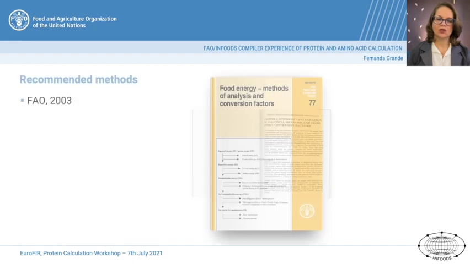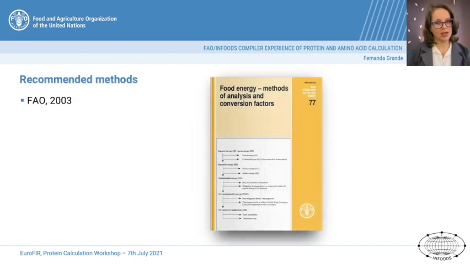This is also what was recommended in 2003 in the FAO report on food energy, methods of analysis and conversion factors, which discussed a number of topics related to the various methods of analysis for macronutrients in foods and the energy conversion factors used, including some recommendations.